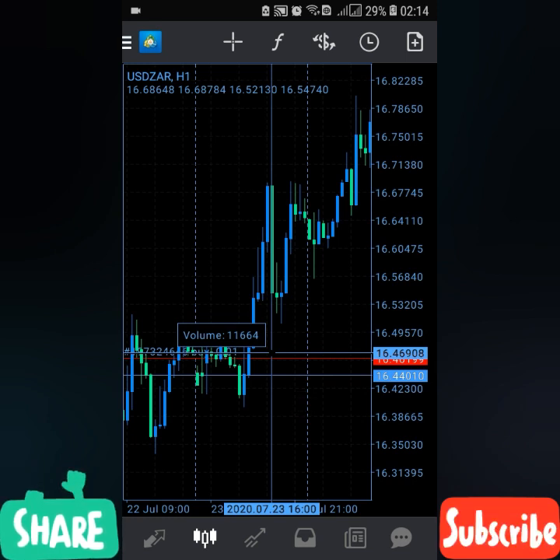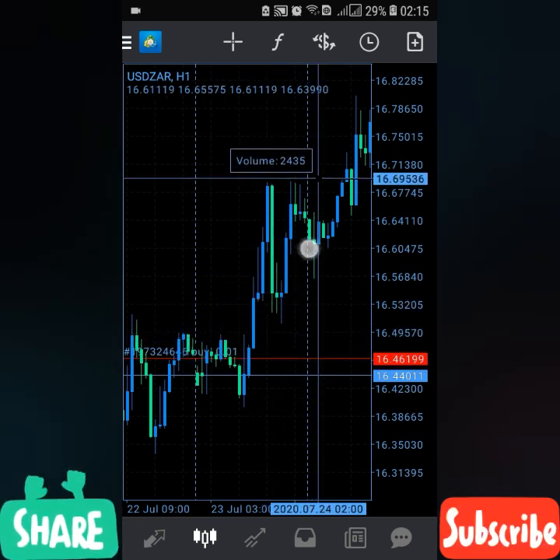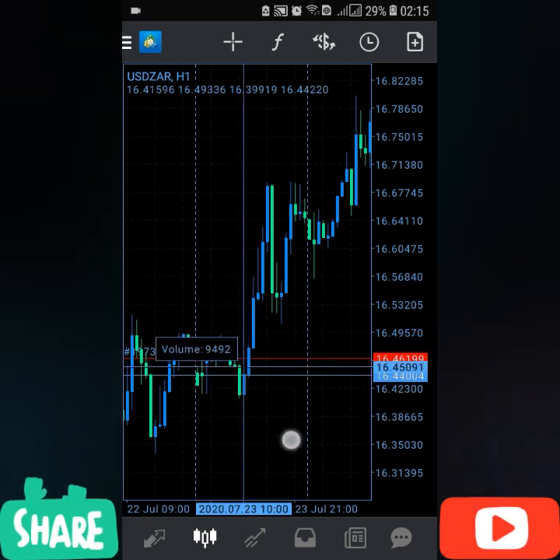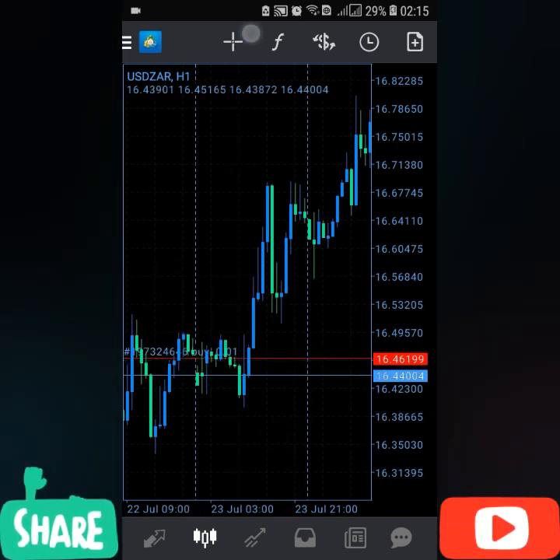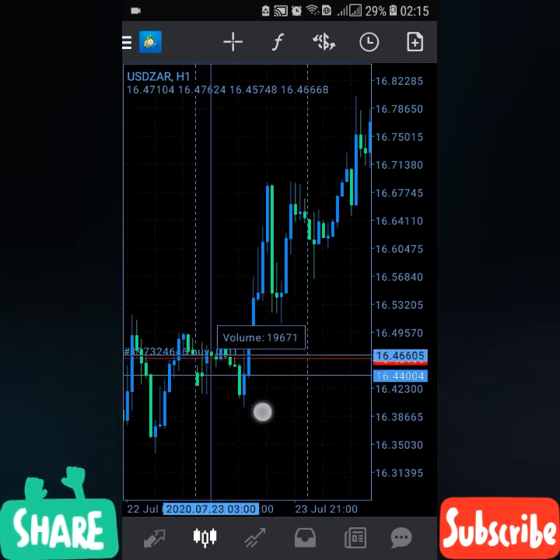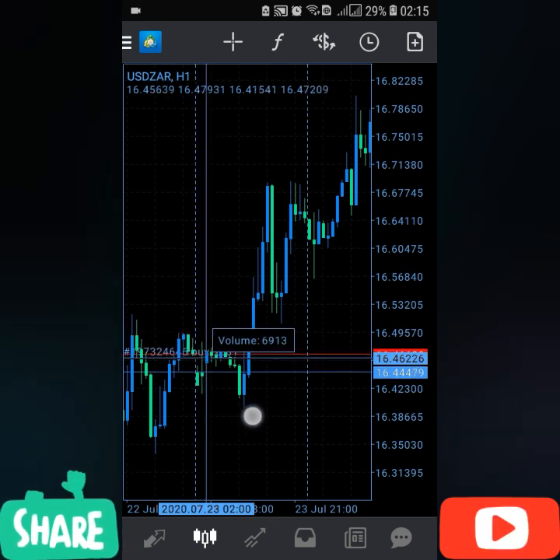Even if you use a graph, they're going to put you at the same level where you deposited 1,000 rand, used it, deposited again, used it. So it's like that, simple, straightforward. So the reason you see this one here is not that you bought here, but that you bought at the current price, and the current price is going hand in hand with the previous one, meaning the price was once here, and right now you are buying it here again.